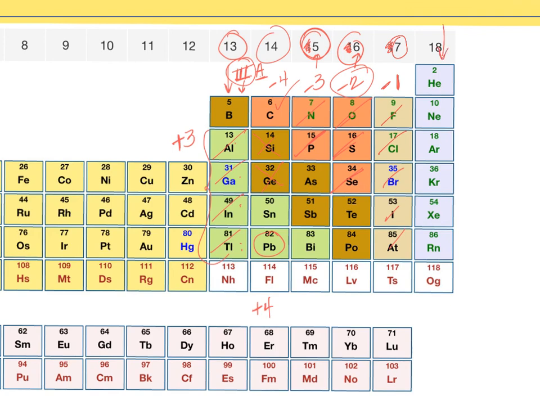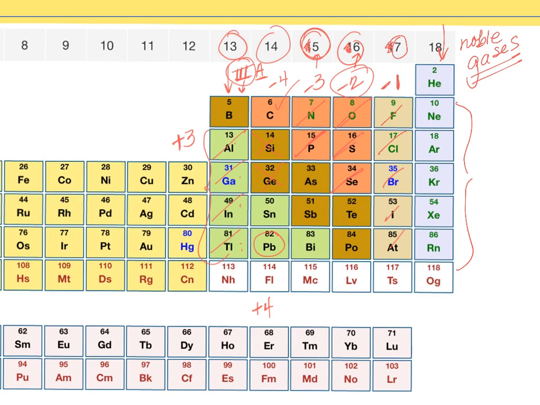Now, this beautiful group over here, noble gases: do they need to gain electrons? Do they need to lose electrons? Are they going to form ions easily?